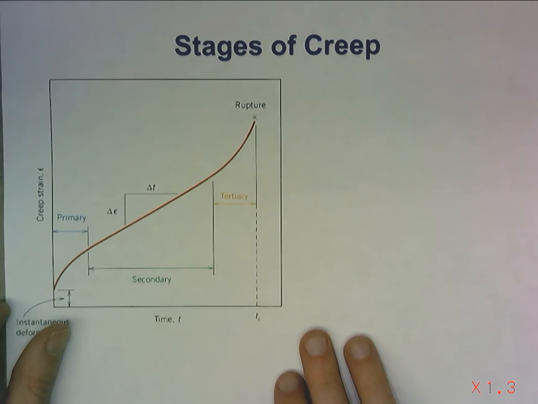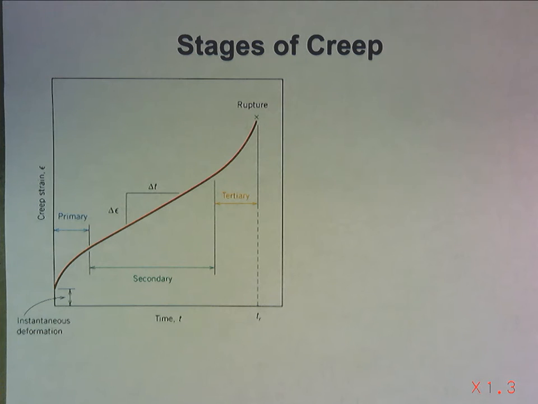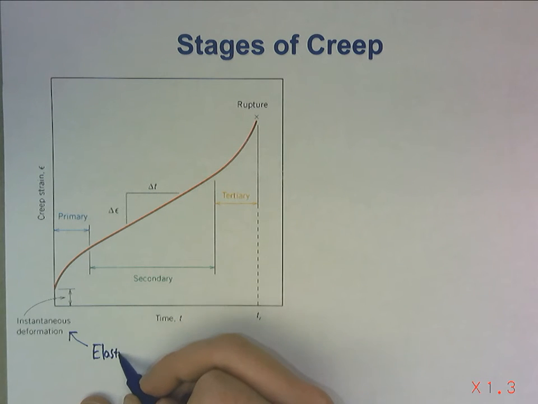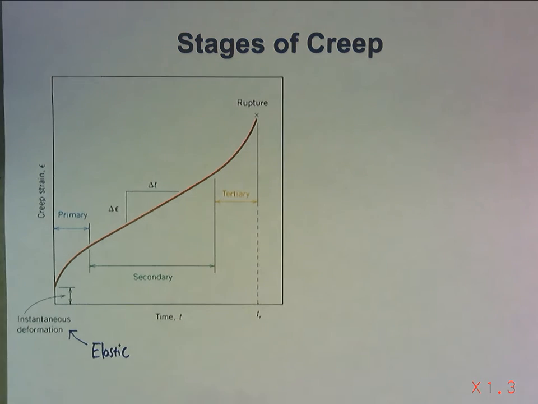So what does creep behavior look like if we put it on a graph? Because we're engineers and we like graphs. Here are the stages of creep. We get some almost instantaneous, nothing is truly instantaneous, but very fast, elastic deformation.